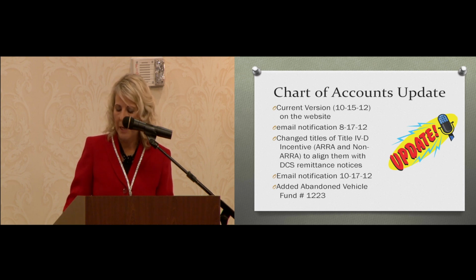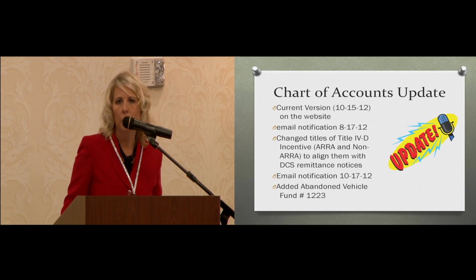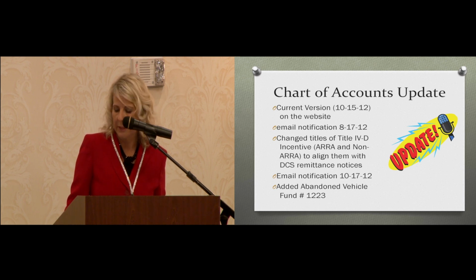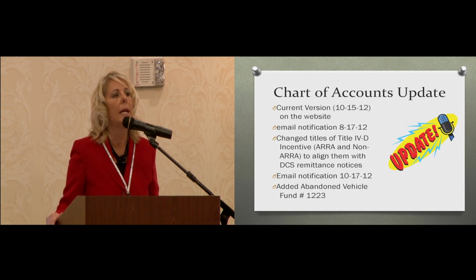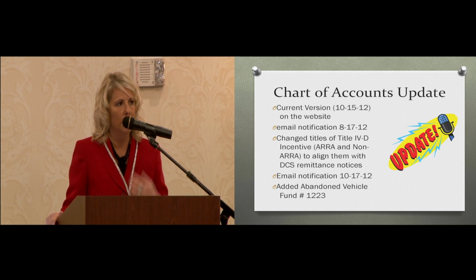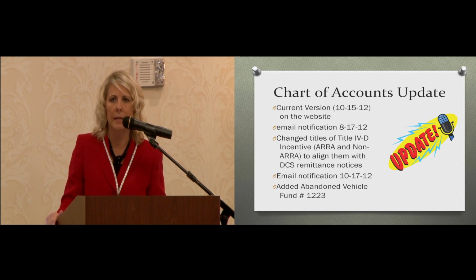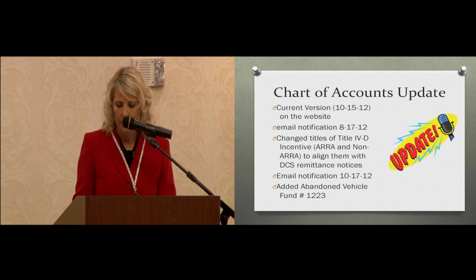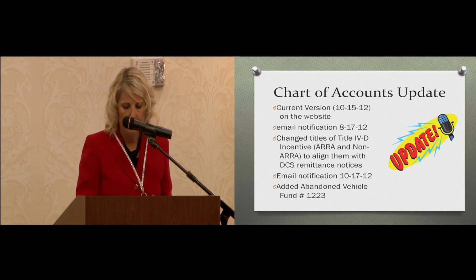And then I just recently emailed you on October 17th about adding the abandoned vehicle fund, which is number 1223. And so those are updated on our website. If you are still doing your implementation or need to take a look at those and get the most current, those are on our website and you can see them.